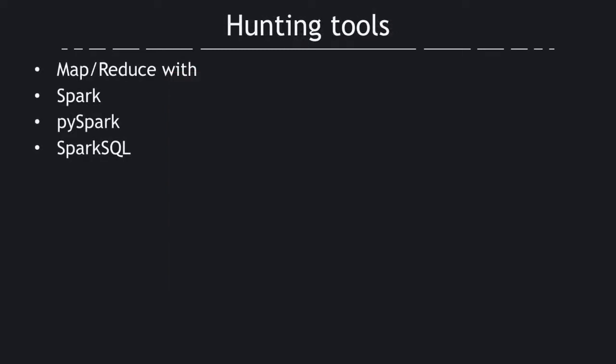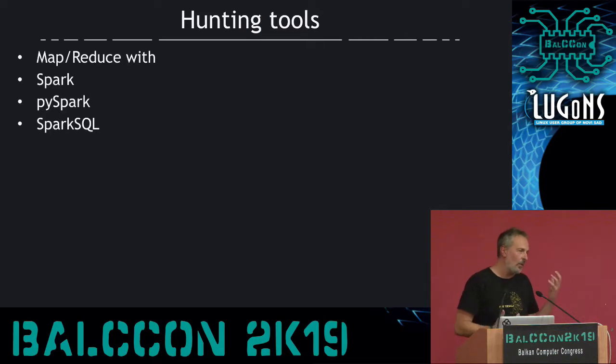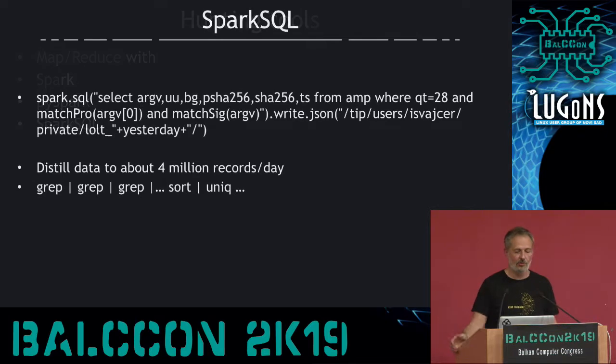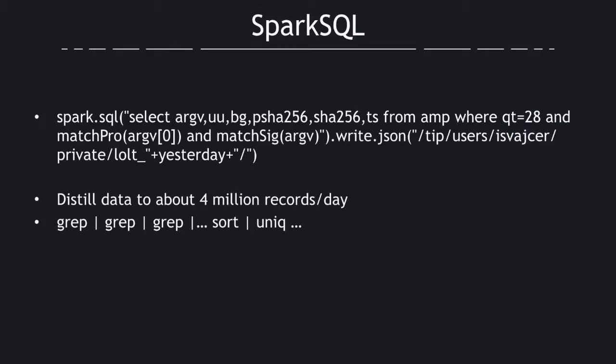Some of the hunting tools I have is the Spark framework that allows you to run MapReduce jobs quickly, and things such as Python Spark or PySpark and Spark SQL, which really allows you to declaratively specify what kind of data I'm interested in, which data I want to extract from all of the logs I have. So this is just an example. In my case, I have a whole command line.